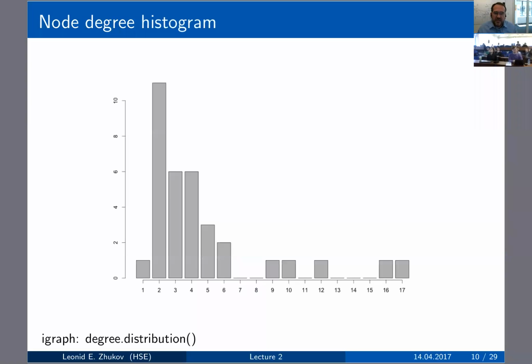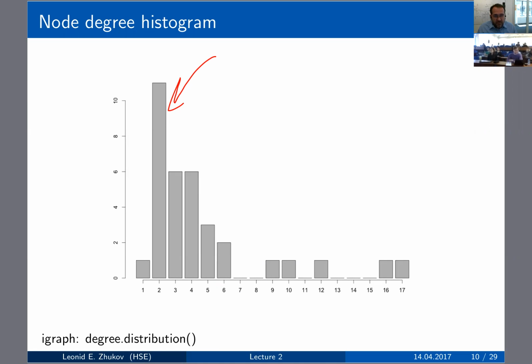So this is a distribution. Again, within iGraph, it's very easy to create a distribution. What we see on this distribution is that of course the majority of the students have two friendship connections.